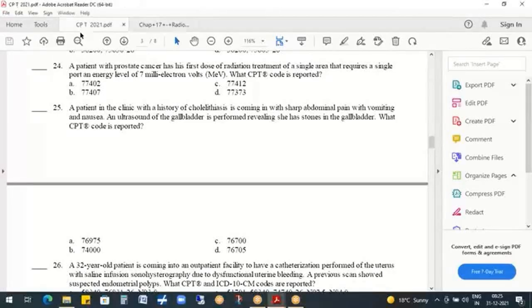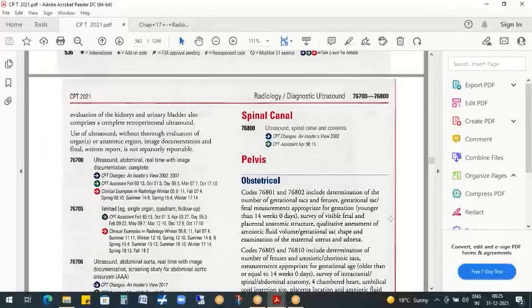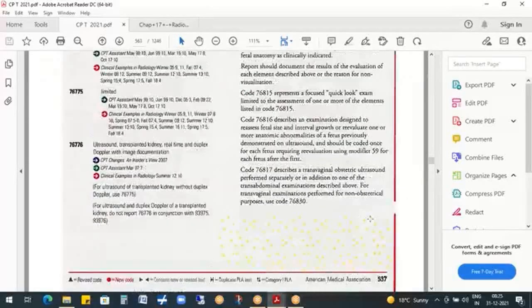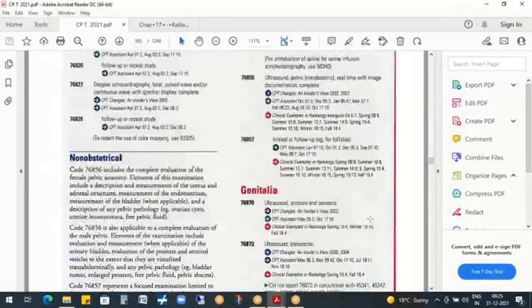76700. Last topic, make heading: nuclear medicine and radiology. Nuclear medicine.